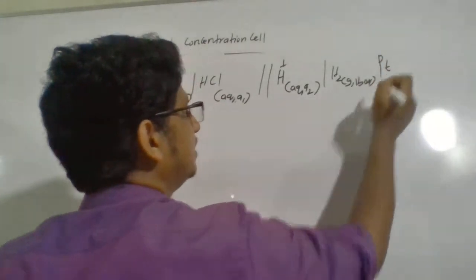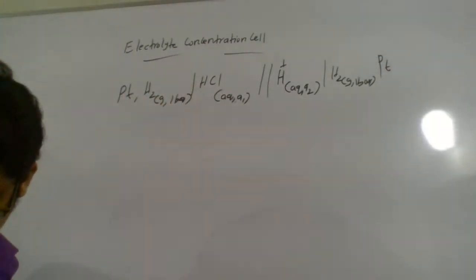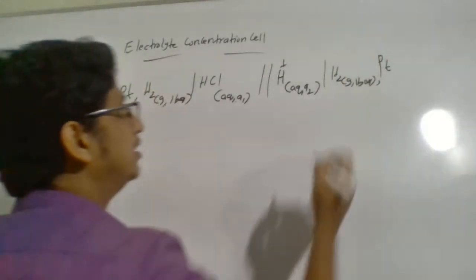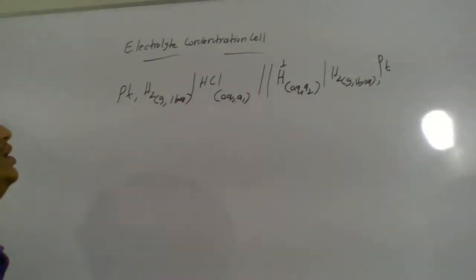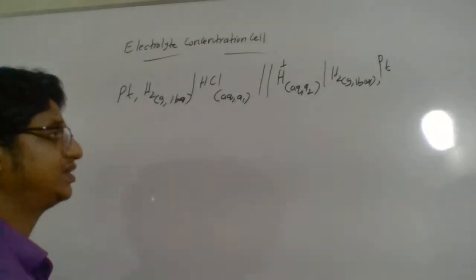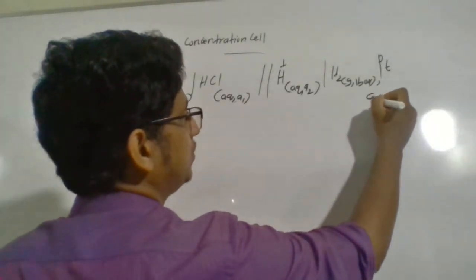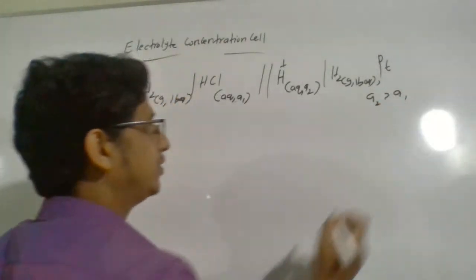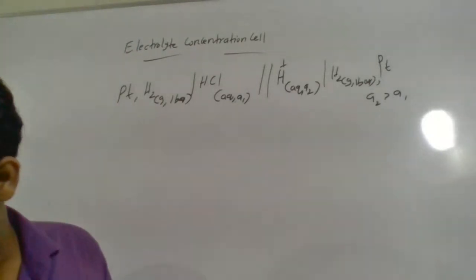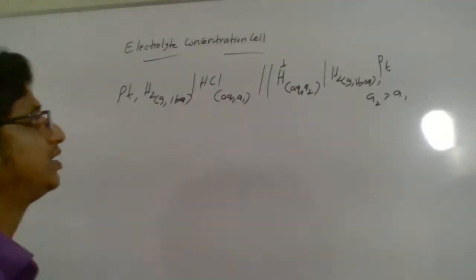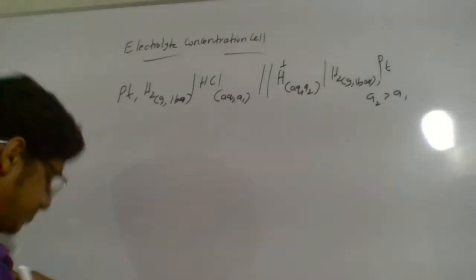This is the way you can represent this cell, the electrolyte concentration cell without transference, where the concentration A2 is greater than A1.